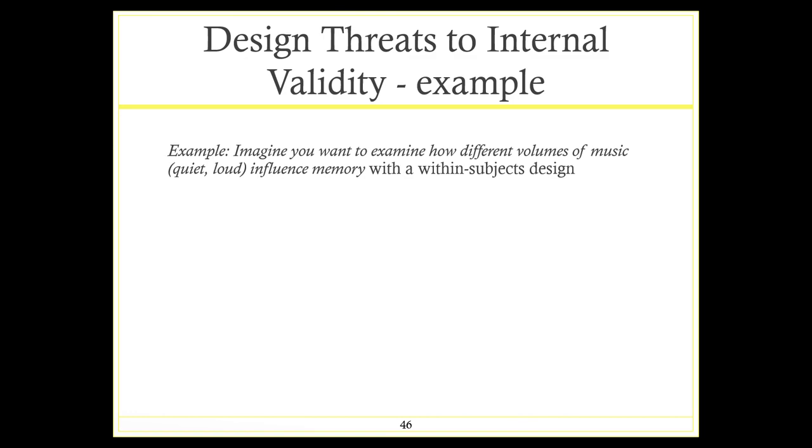Okay, so basically you give participants quiet music and loud music, or loud music first and quiet music second. After participants were exposed to the different types of music, you will measure their memory. So it's a very simple design, and you want to control the order of the presentation of quiet versus loud music very carefully, right? So there could be some threats.